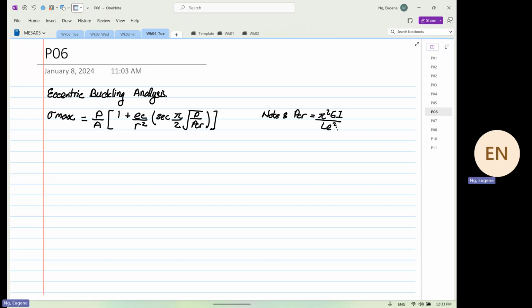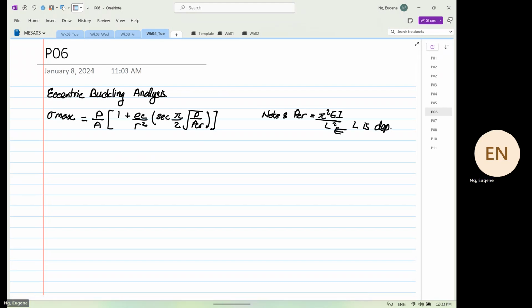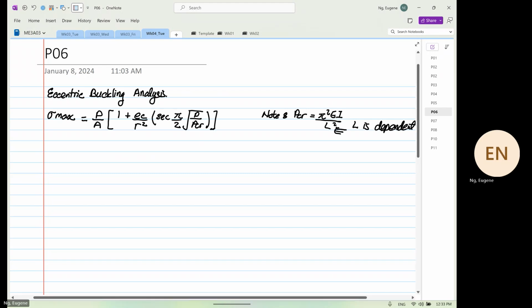So sorry, let me call this L. And this L is dependent on the fixturing, i.e., is it free or is it pin or is it fixed? So you have 3 different combinations. So we are then at the next formula.